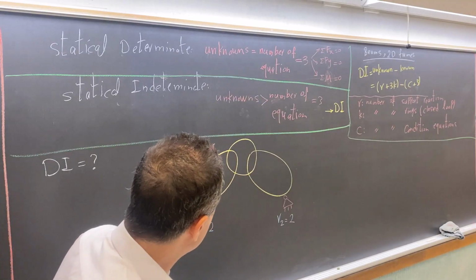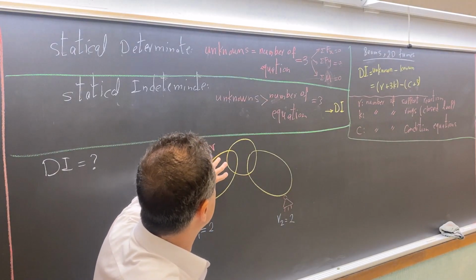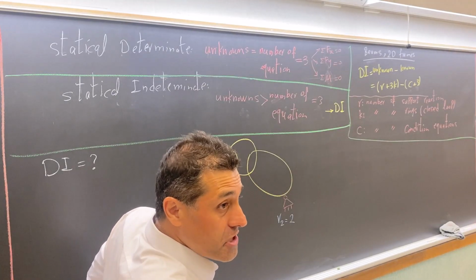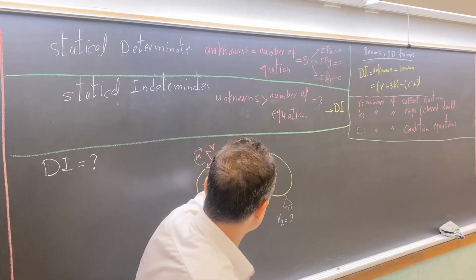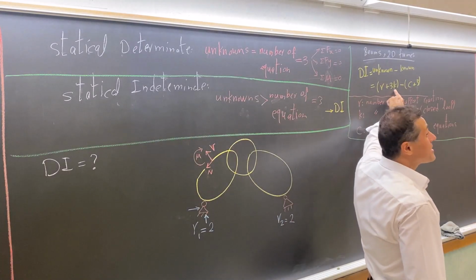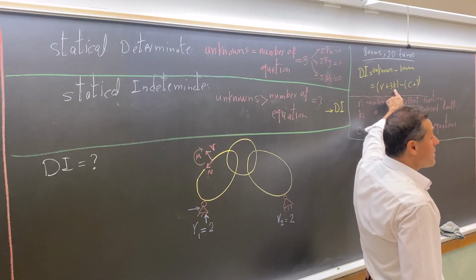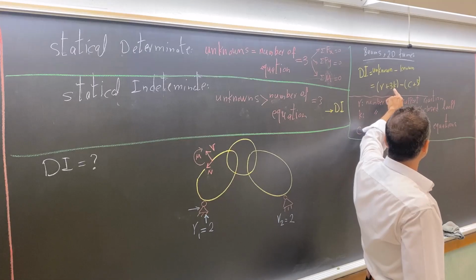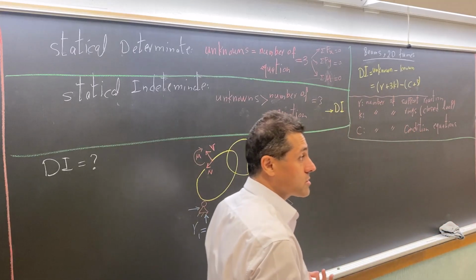So do you agree that for each ring, we have three unknowns? Doesn't matter, this one, this one, this one. So K is the number of rings or closed loops. Because each loop has three unknowns, 3 times K is the number of unknowns.